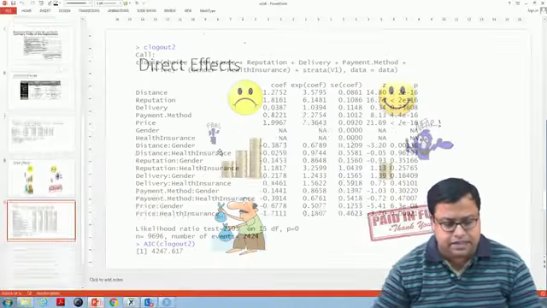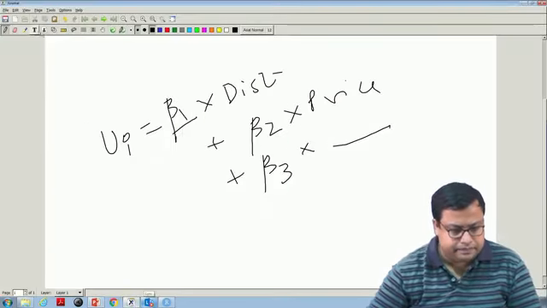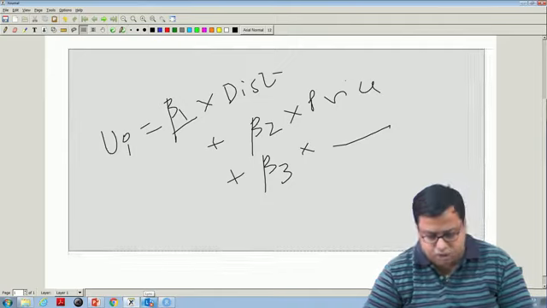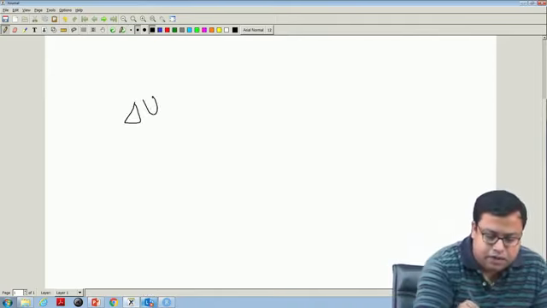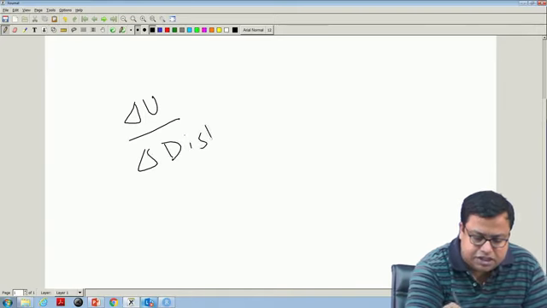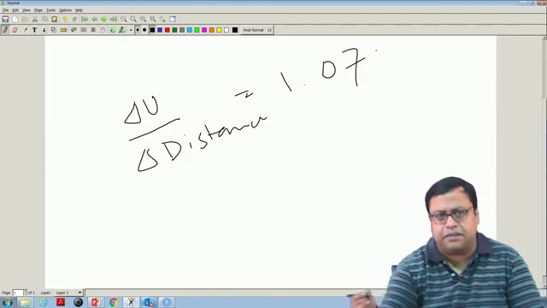If I just write, in the first model, delta utility by delta distance: so, distance changes, how much does utility change? It was 1.07 or something.